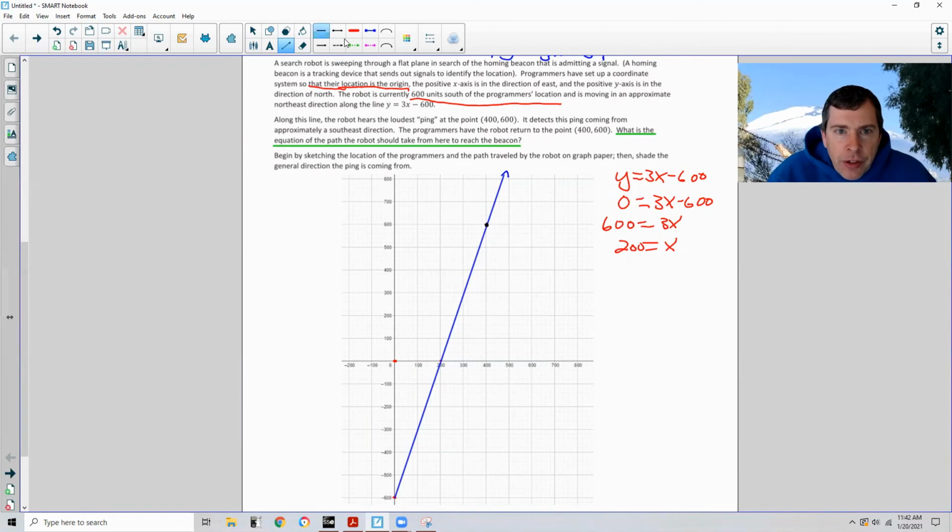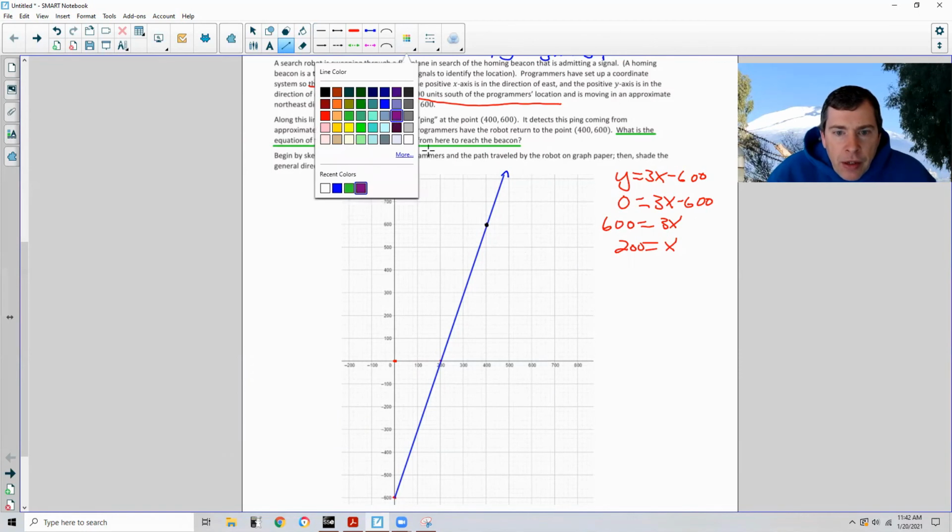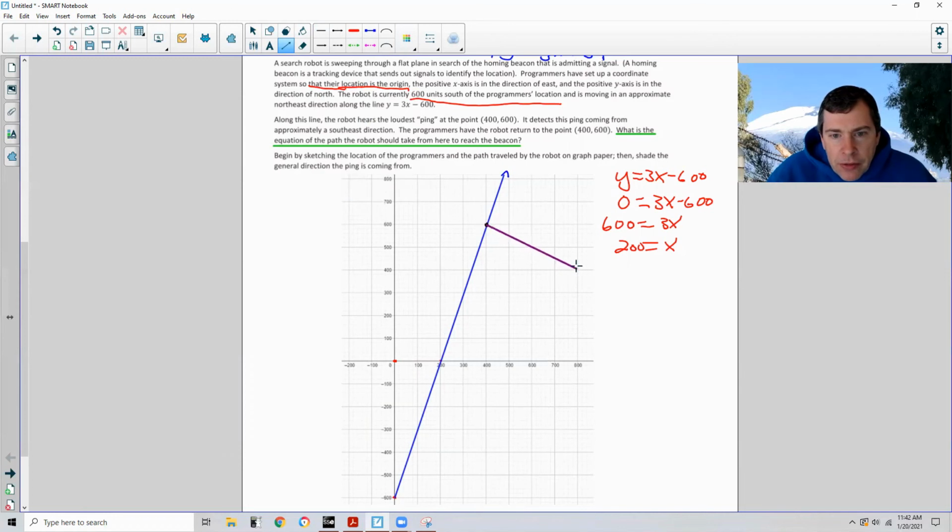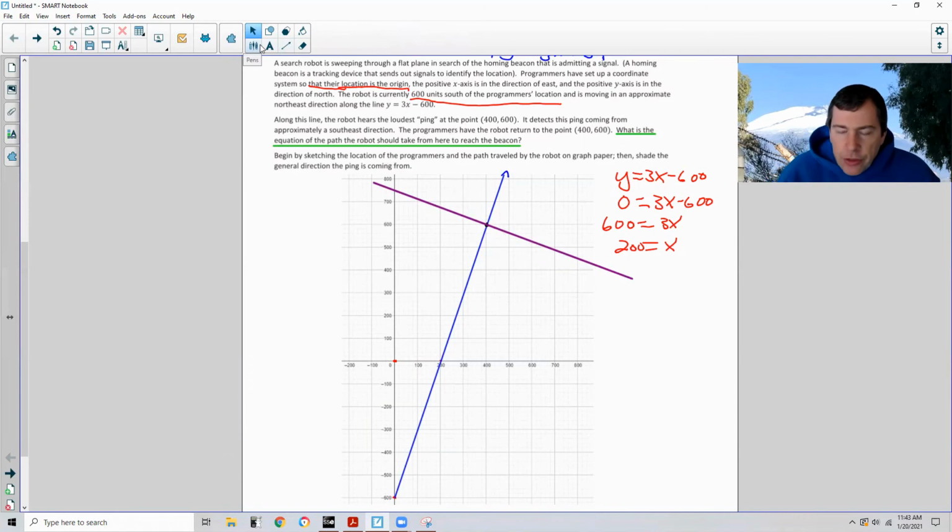So if I drew another line through this point, perpendicular, like so, and I'll extend it like this. Okay. And it says to shade the region.